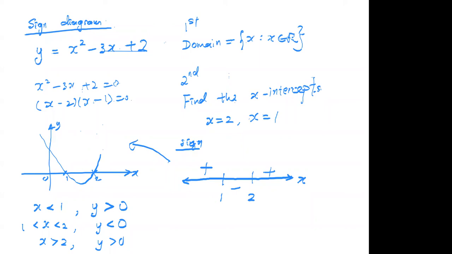So if I ask you, find the range of x for which x squared minus 3x plus 2 is greater than 0, you will give me the answer as this region and this region. X less than 1 or greater than 2. Are you clear?